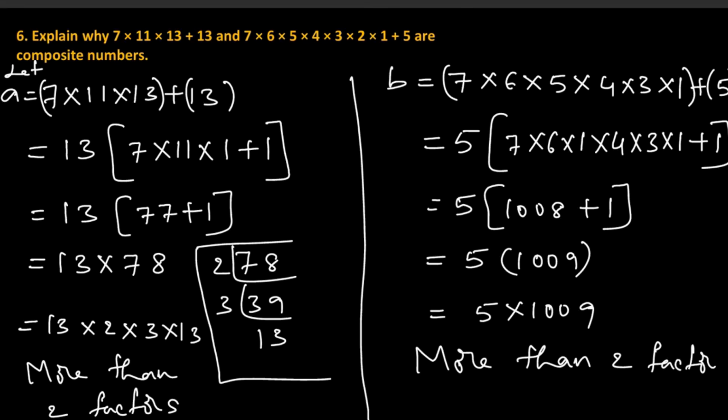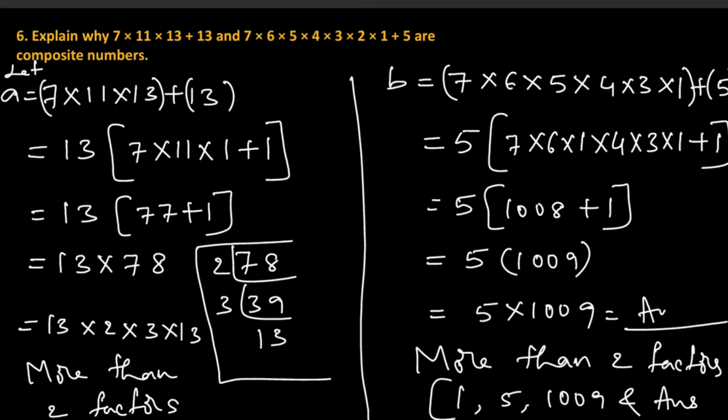Along with the answer, we have 1, 5, 1009 and the number itself. So you are seeing many factors here. That's why it is also a composite number.